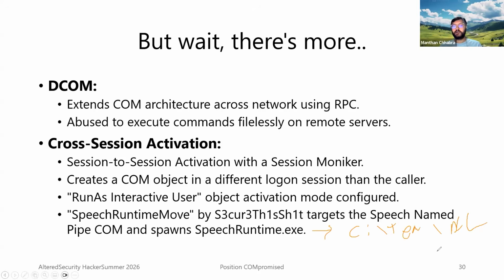Of course, as a local administrator, we can simply copy the DLL that we want to be executed to this path. Then we trigger this Speech Named Pipe COM object. This will in turn spawn SpeechRuntime.exe, and then it will execute our DLL.